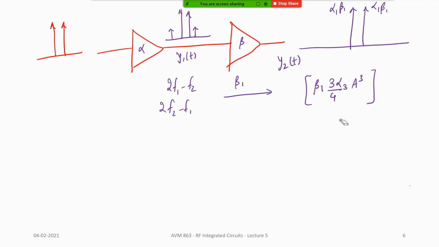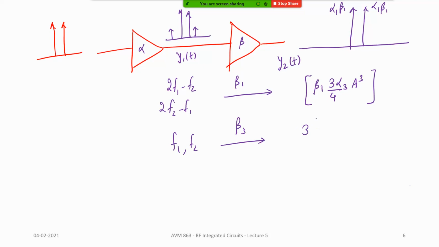Now F1 and F2 will go through the beta 3 nonlinearity. The second amplifier itself will have its nonlinearity due to beta 3. So this will give rise to 2F1 minus F2, 2F2 minus F1, the same thing that we saw last time.